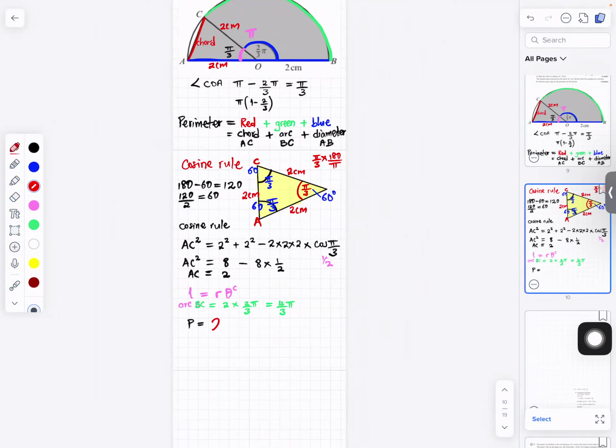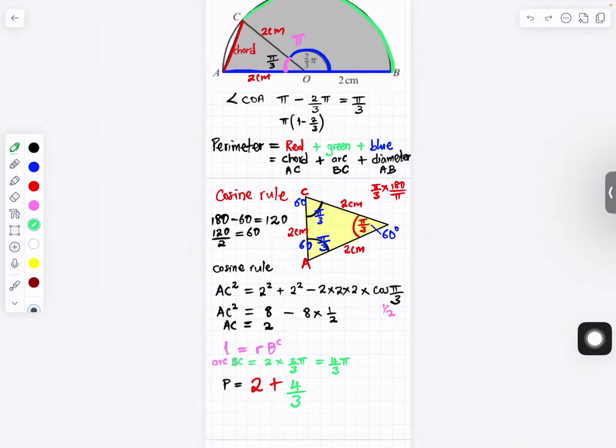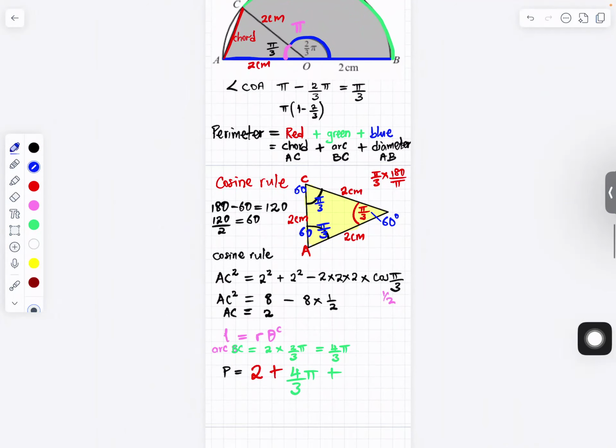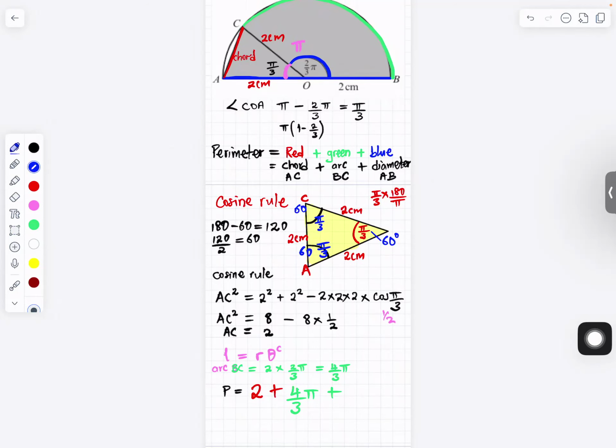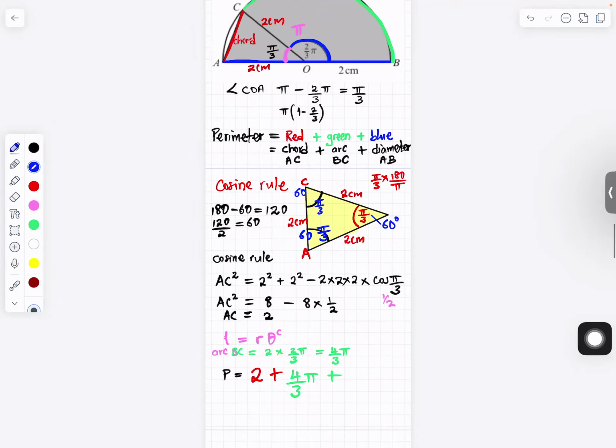Our chord was 2 centimeters, plus the green one, the arc, which is 4/3 pi, plus the blue one, which is 4 centimeters.